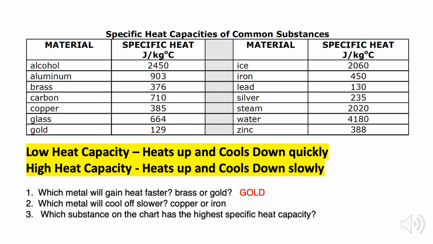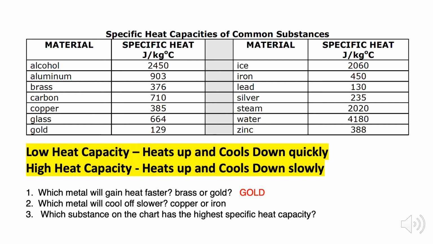Now, number 2 says, which metal will cool off slower, copper or iron? Find those on the chart really quickly. All right, copper is 385 and iron is 450.